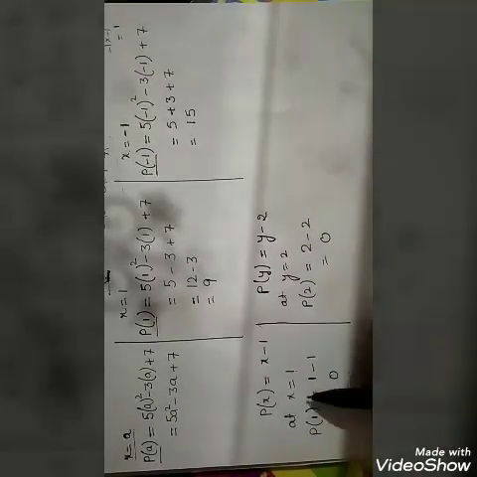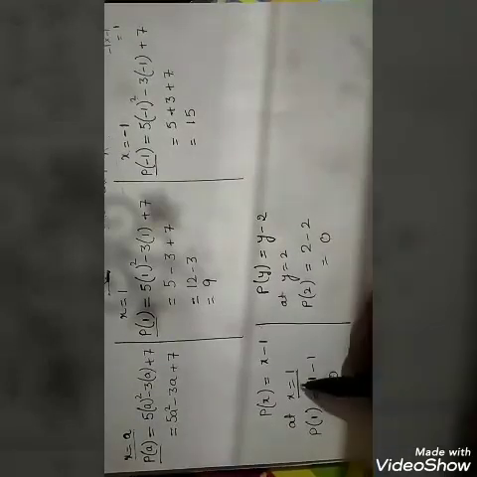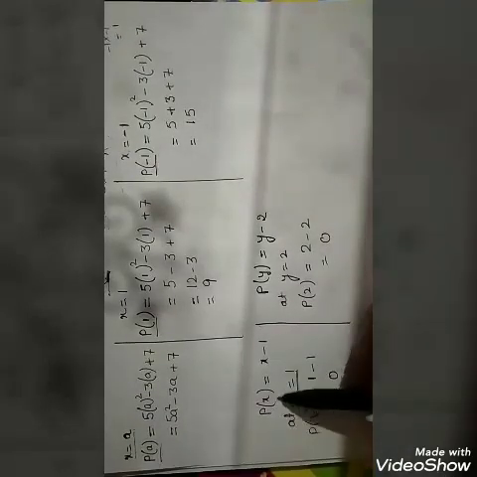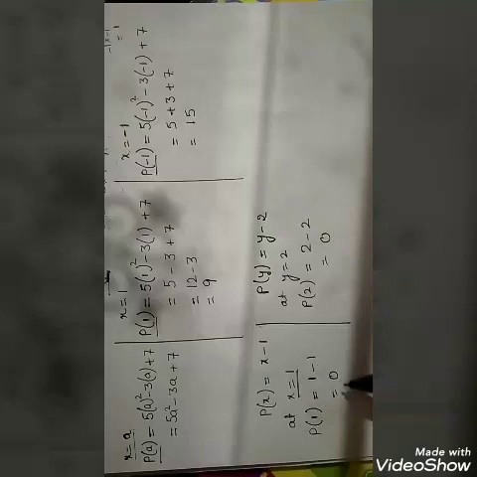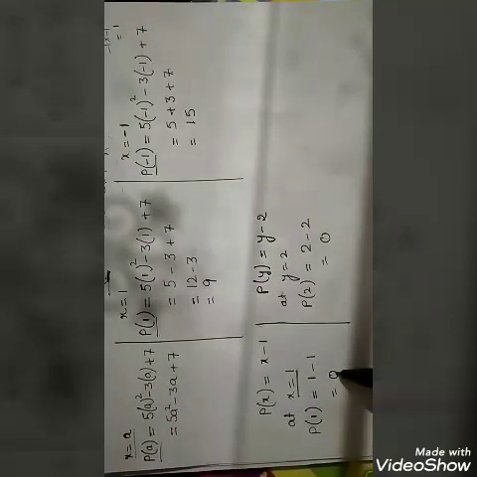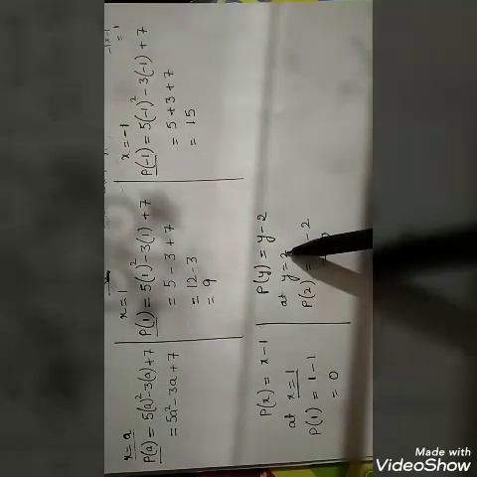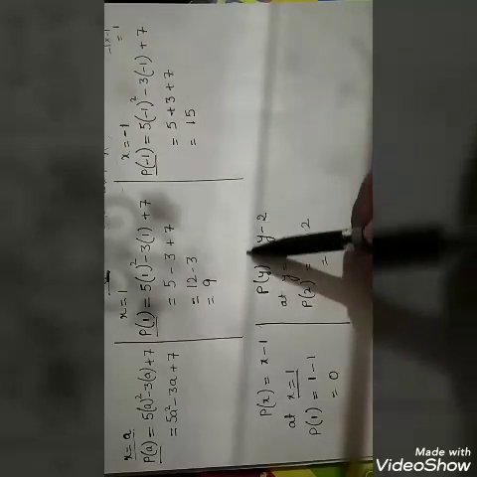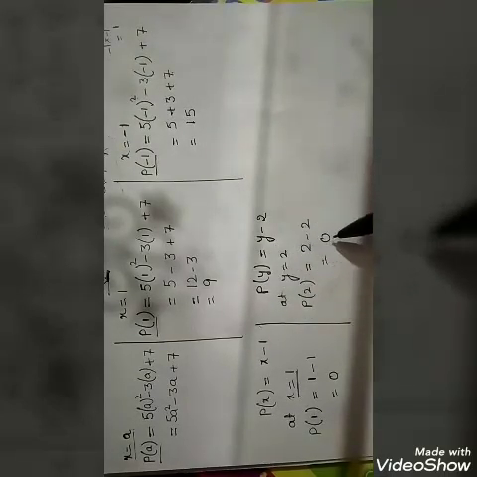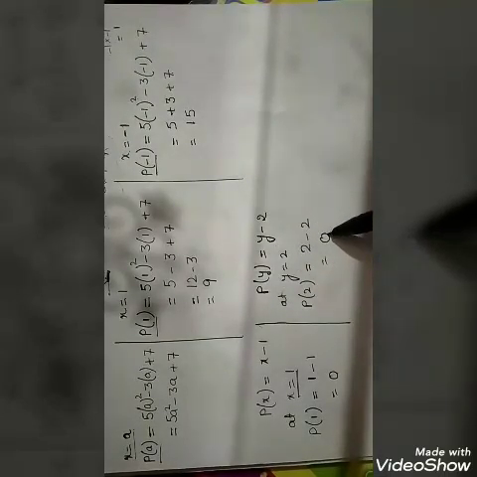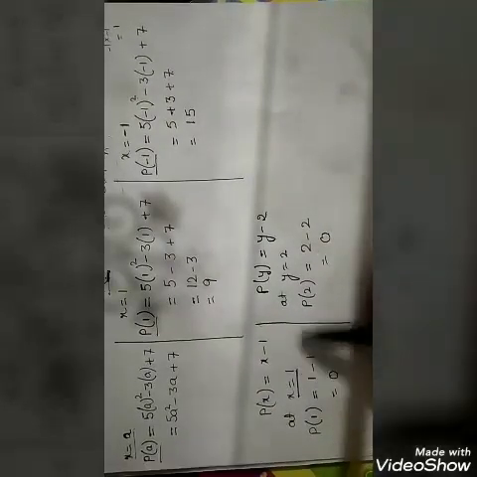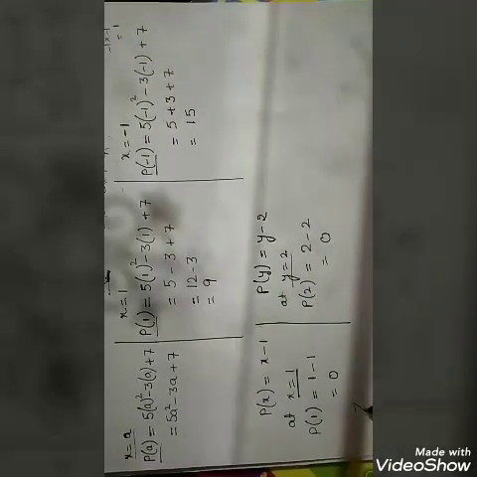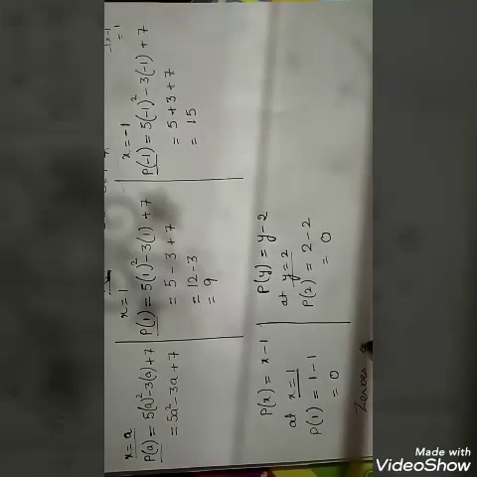So at x = 1, the value of this polynomial becomes 0, and at y = 2, the value of this polynomial p(y) becomes 0. So these are known as the zeros of a polynomial.